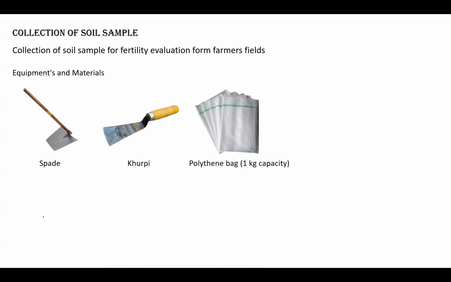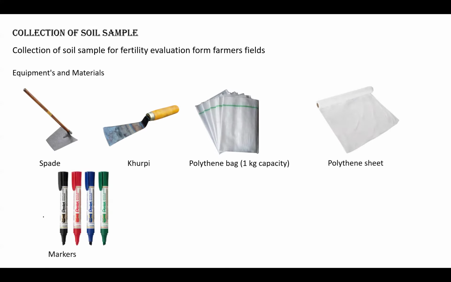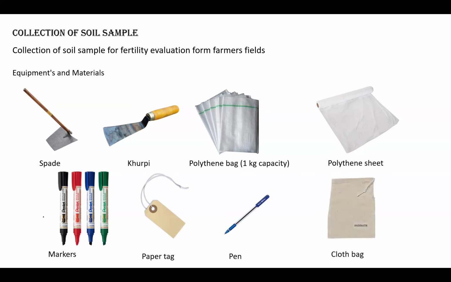First, we need a spade, followed by kurfi, and we need a polythene bag with a capacity of 1 kg, and we need a big polythene sheet, markers, and a paper tag for making a label. Of course, we need a pen, and we need a cloth bag. We can use either the polythene bag or cloth bag, but cloth bag is very comfortable and safe. So these are the equipments and materials required for the collection of soil sample from a farmer's field.